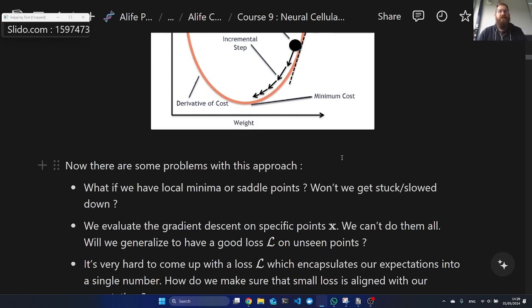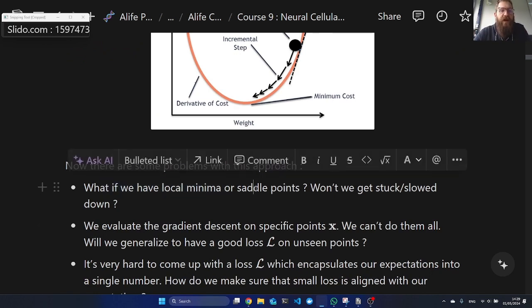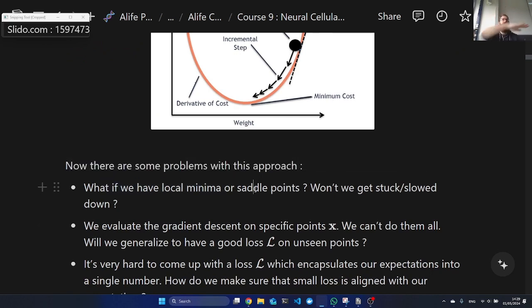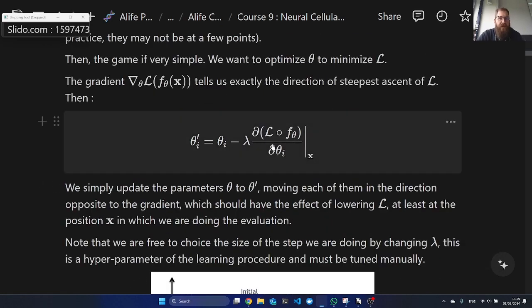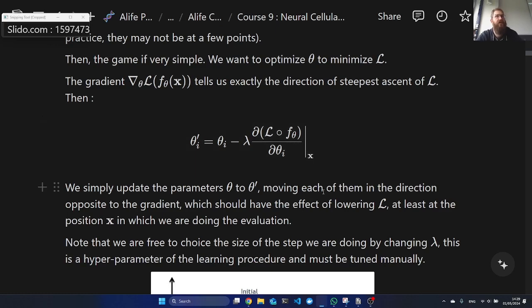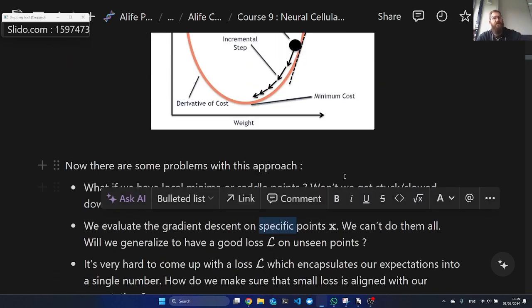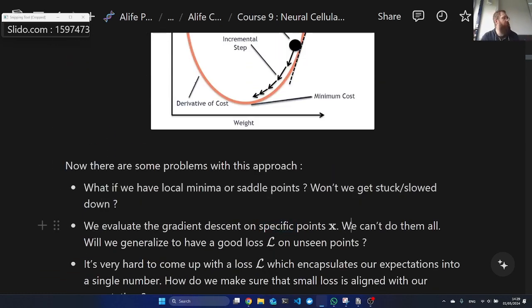So when you see this, you might say there might be a few problems with this approach, right? What if we have some local minima in our loss? What if our loss is something like this? We start here, we get stuck in a minimum which is not optimal. Also, when we do an update, we evaluate this gradient on a specific point x, but we want to minimize the loss on all possible inputs x.